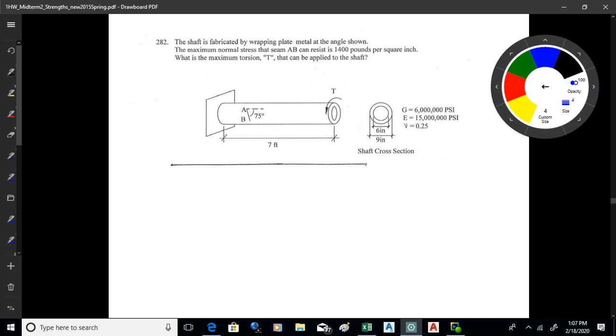So if that normal stress is 1,400 psi, what's the biggest torsion that you can apply? So you want to find the moment of inertia. You always want to do that. So that's 517 inches to the 4.